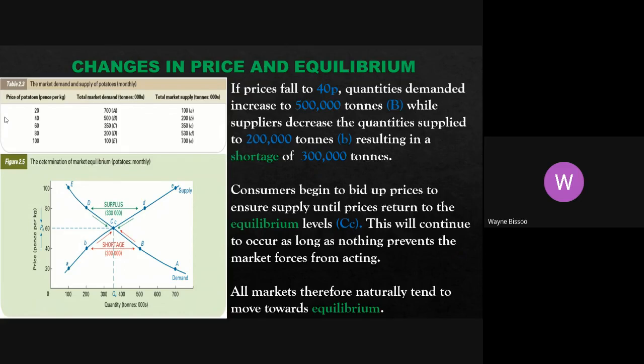And that pushes prices back towards the equilibrium position, in this case on the diagram, point C. So we push back towards the equilibrium: if there are surpluses, suppliers will drop their prices, but if prices are lower than the equilibrium, consumers will be willing to pay more to make sure that they get the share they want. And we understand this has to do with wants, not so much needs, wants more than anything else. I'm hoping people understand the distinction.